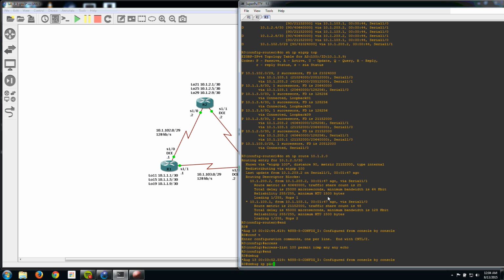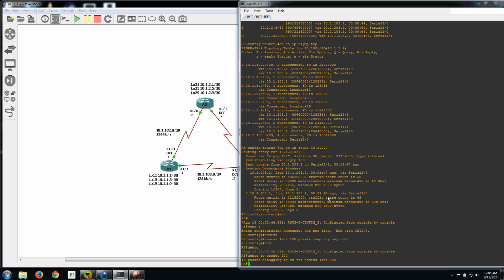Debug IP packet 100. So debug IP packet 100 ties it to access list 100, so the only thing it's going to see is this ACL when it hits that. We're only going to see the pings going through instead of that whole slew of stuff that we had coming through last time and trying to parse through it.